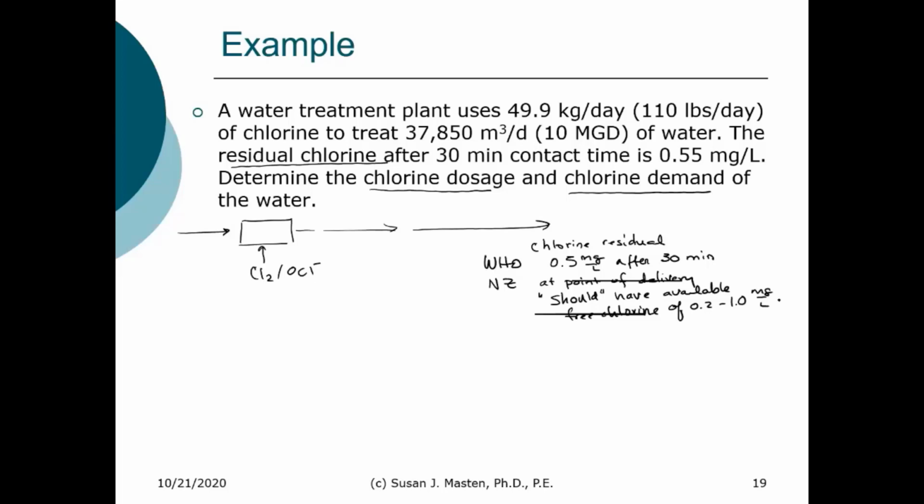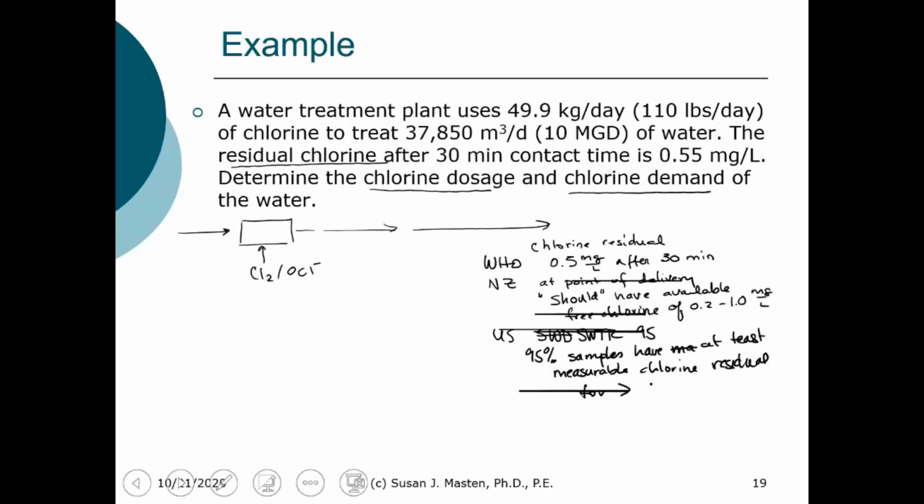And then in the US, under the surface water treatment rule, 95% of the samples have to have at least measurable chlorine residual. And that's for more than two consecutive months.